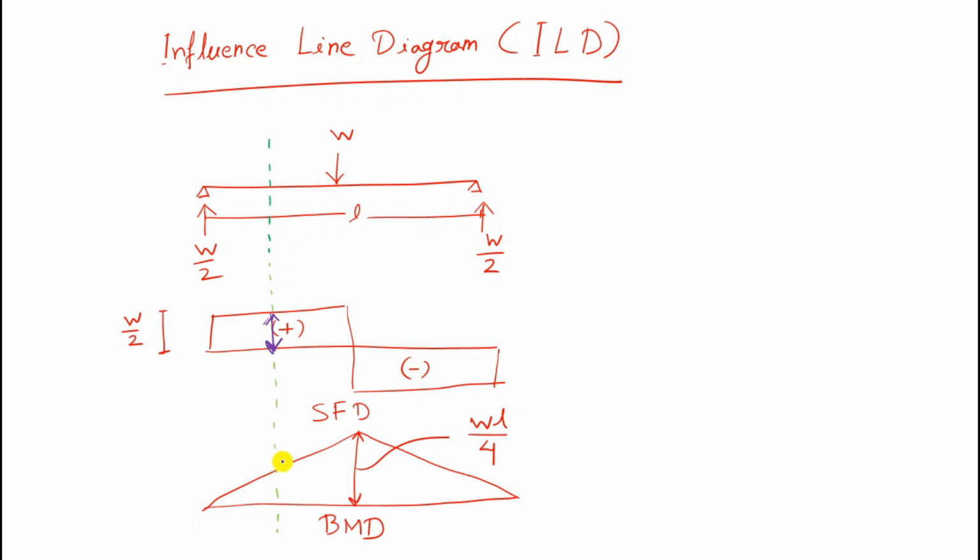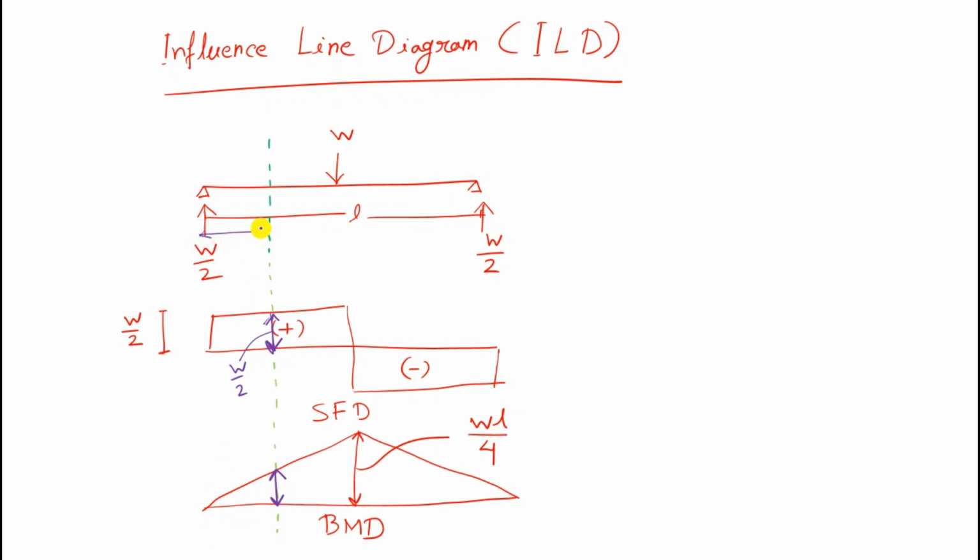And what is the bending moment value at this section for the load W at midpoint? This is the bending moment value, and you can easily calculate that. This value is W by 2 and you have to know the distance.